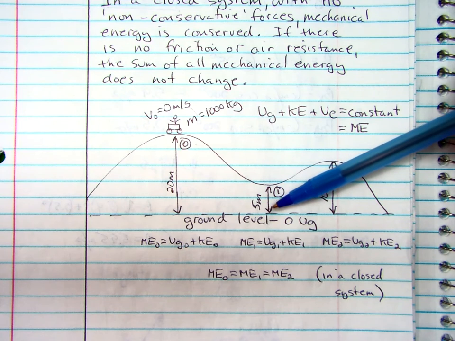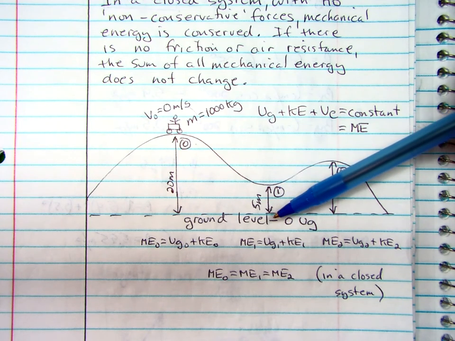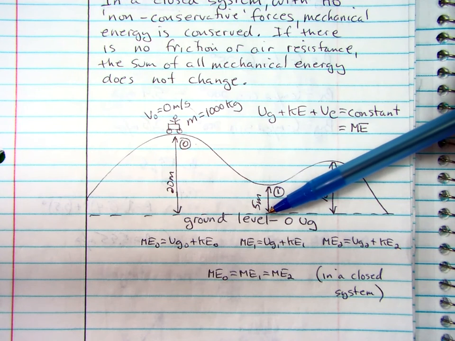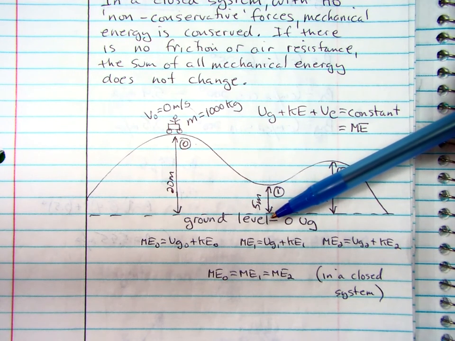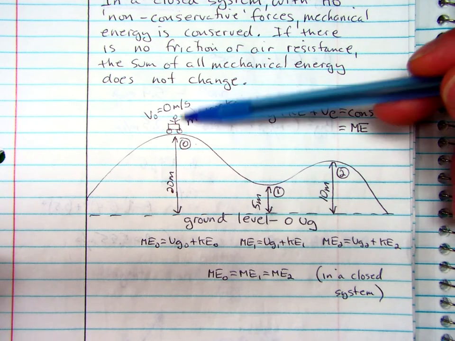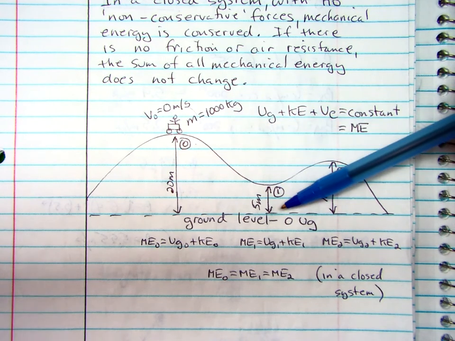Therefore, what type of energy increases? The kinetic energy increases. If conservation of mechanical energy is true, and the sum of potential plus kinetic is constant, but your kinetic energy goes up, what has to happen to your potential energy? It goes down. So as you go downhill, your potential energy goes down, your kinetic energy goes up.